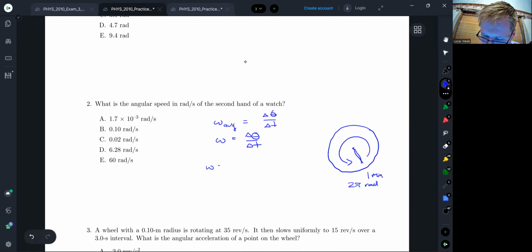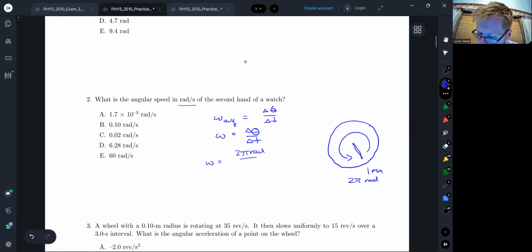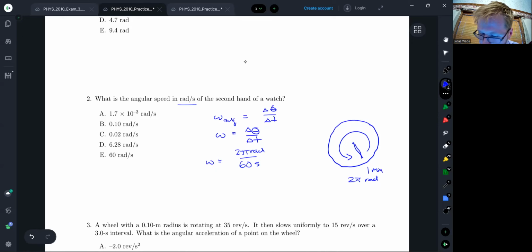So omega: it travels through 2 pi radians in 1 minute, but it wants it in radians per second. So 60 seconds. So we get pi over 30 in radians per second. Or in decimal, pi over 30.